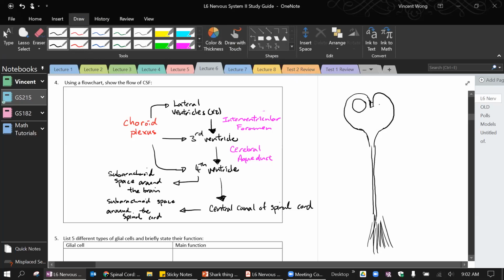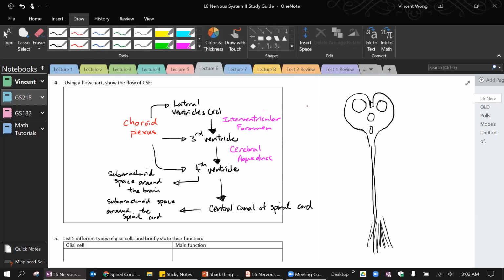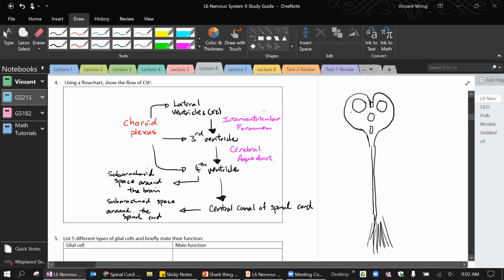You have your lateral ventricle, third ventricle, fourth ventricle. The CSF is going to flow from the lateral to the third to the fourth, and then it's going to go down all the way in the middle of the spinal cord, through the central canal. But when it gets to the bottom, it's going to come back up.